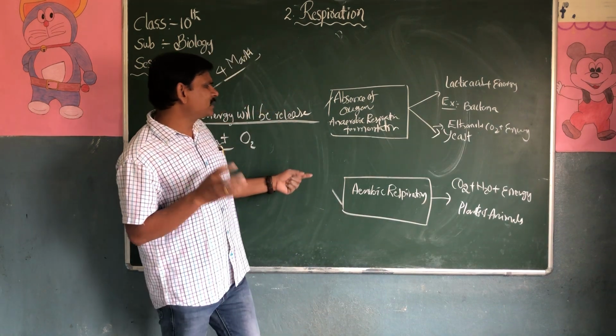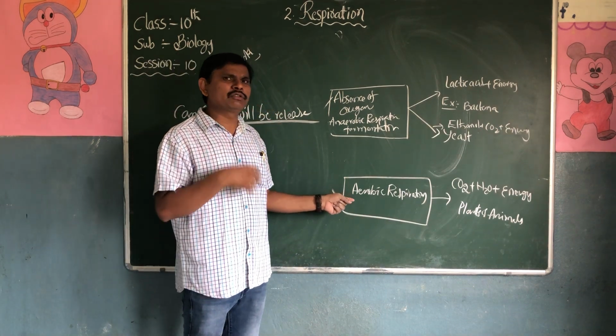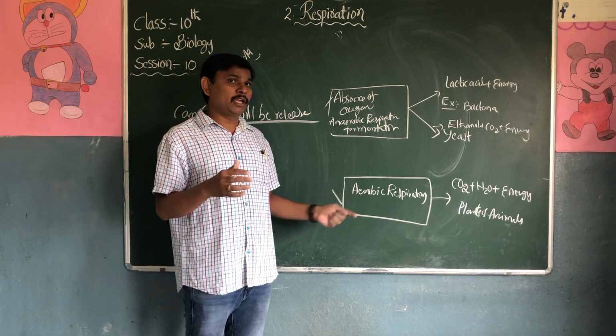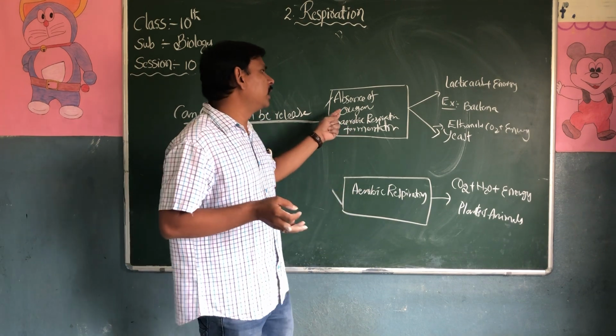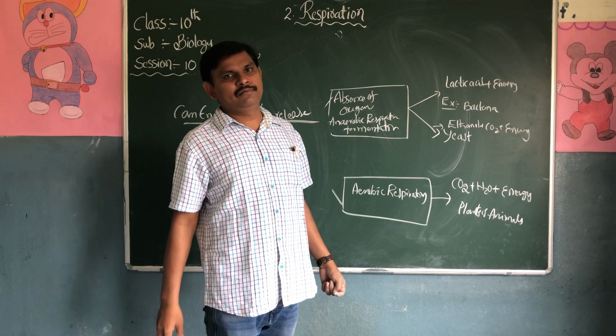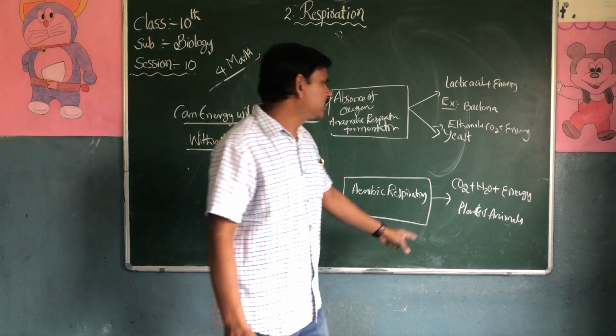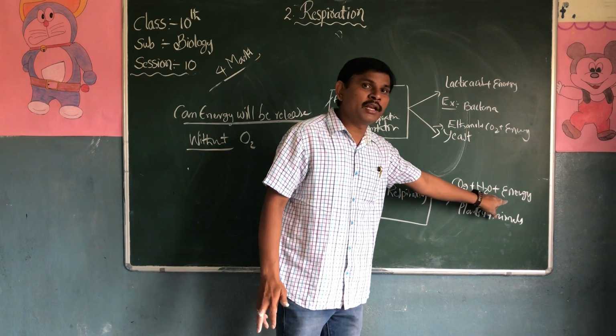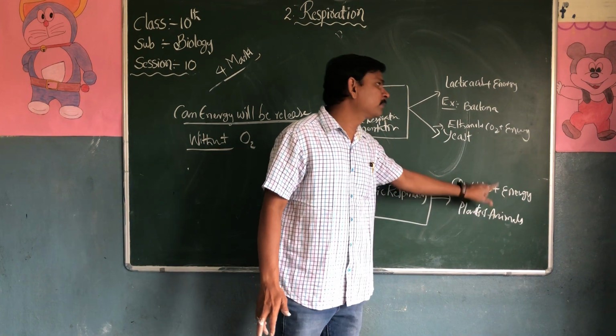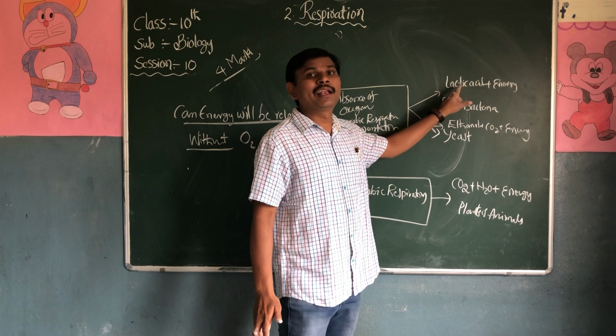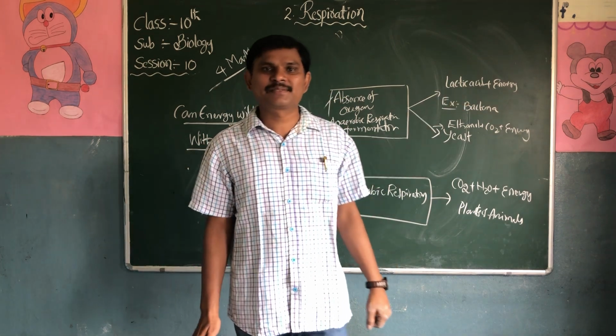When less oxygen is supplied to the body, instead of aerobic respiration, anaerobic respiration will take place. If anaerobic respiration takes place, instead of releasing more energy, what happens? Less energy and lactic acid will be released.